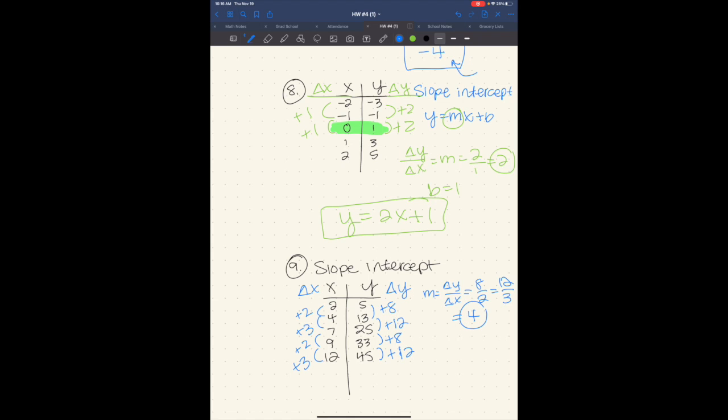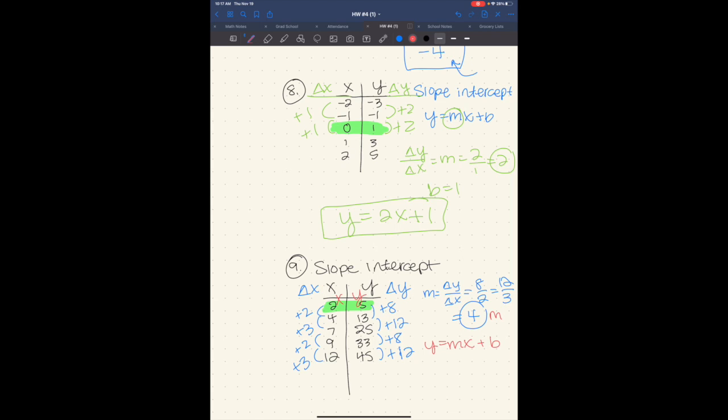Then I need to find my b. That's a little more challenging here. So I've got a coordinate that I can use. I'm going to label that my x and my y. And I've got an m. So I'm going to plug those into y equals mx plus b and solve for my b.